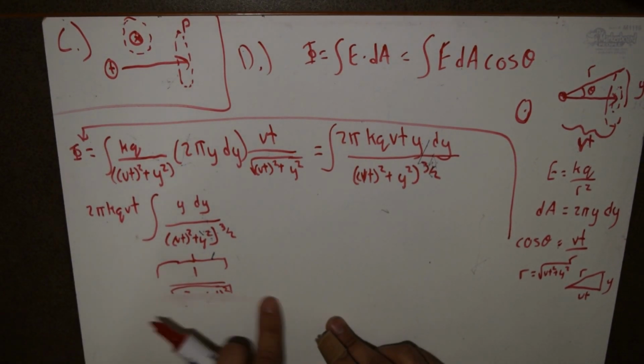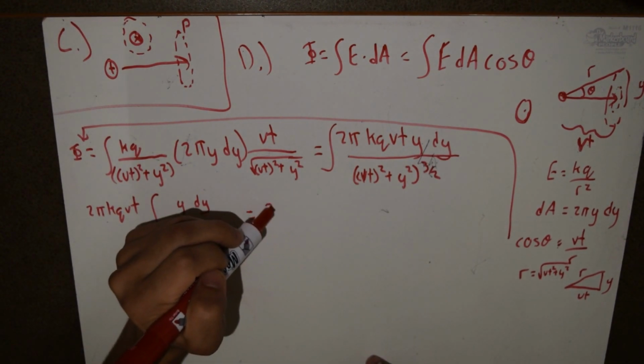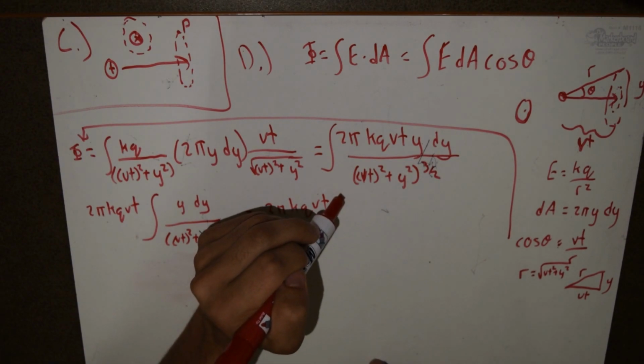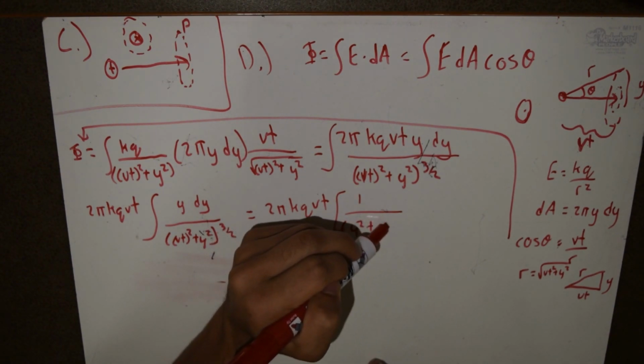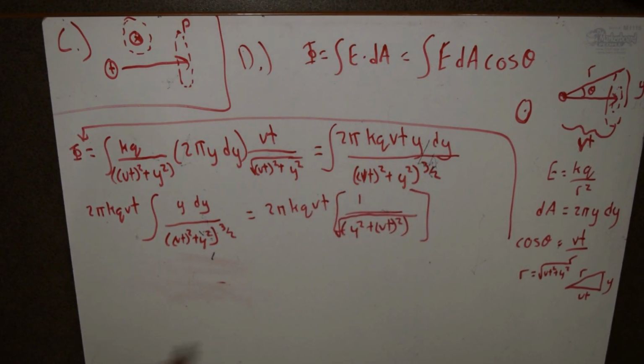I'm going to rewrite this using that substitution for the integral. So that equals 2 pi kq vt times 1 over y squared plus vt squared, square root of all of that.